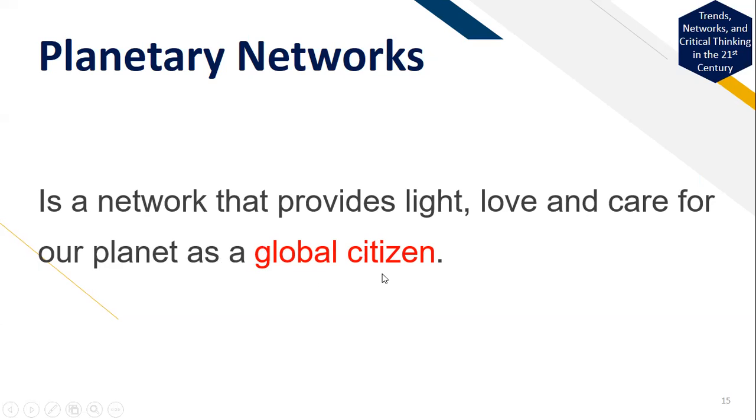So again, pag sinabi natin global citizen, these are the citizens who are collectively putting up efforts to provide light, love, and care for our planet and to address global and planetary problems such as climate change. So these are the three types of networks existing in our society and in our planet in general.